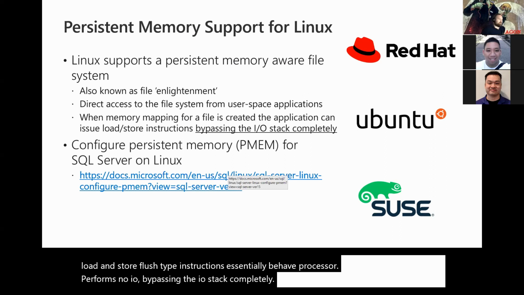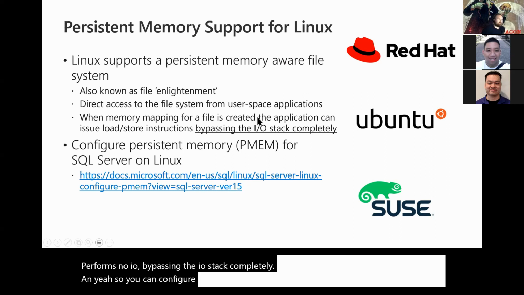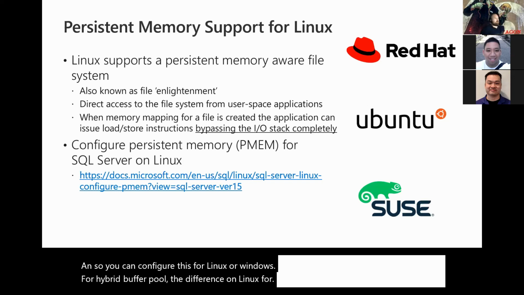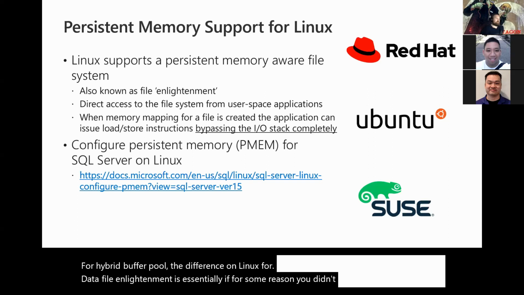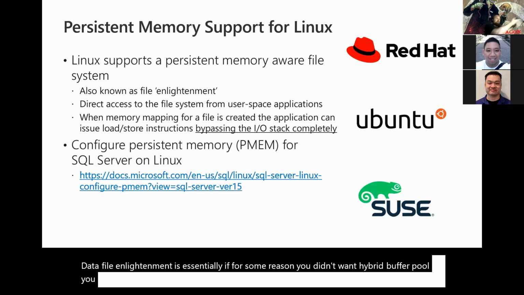So you can configure this for Linux or Windows for hybrid buffer pool. The difference on Linux for data file enlightenment is essentially, if for some reason you didn't want hybrid buffer pool, you could still have the DAX behavior on the data files.